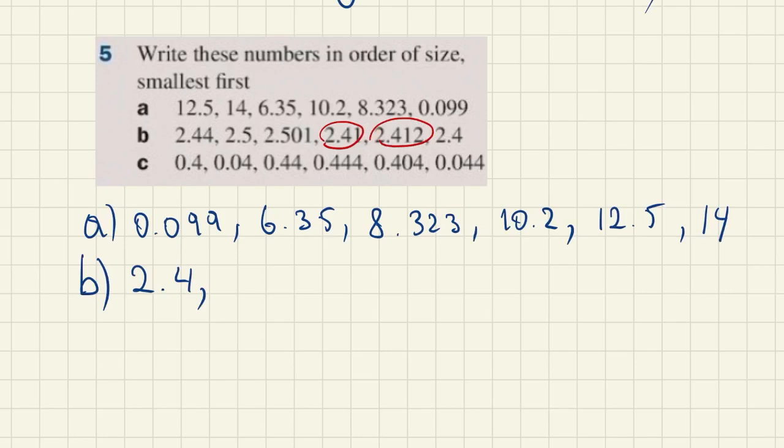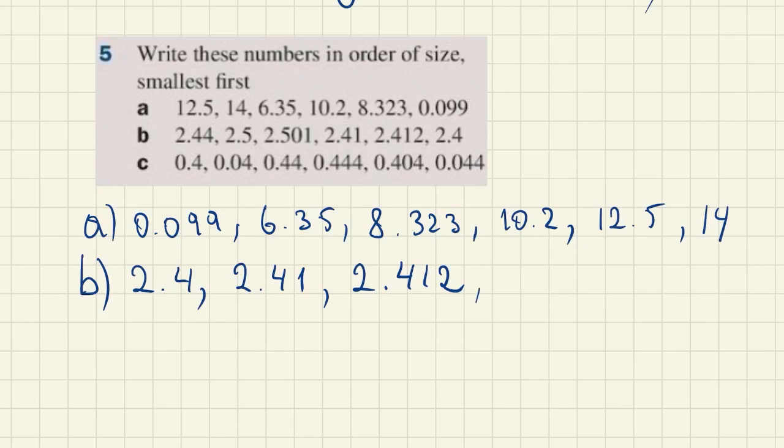Well, then 2.412 is obviously the larger number, right? So next one in the list is 2.41. Then we have 2.412. Then we have our last one, which has 0.4, which is 2.44.